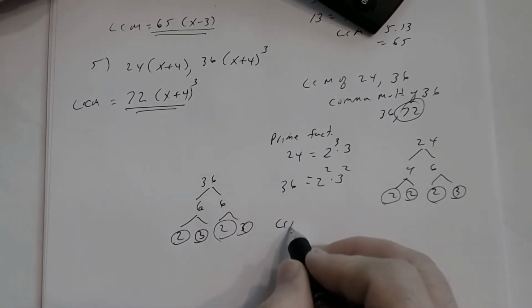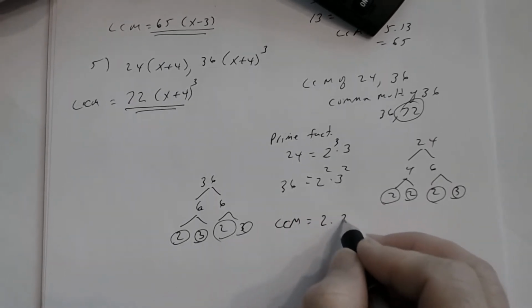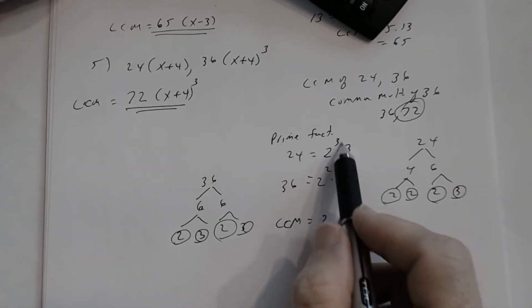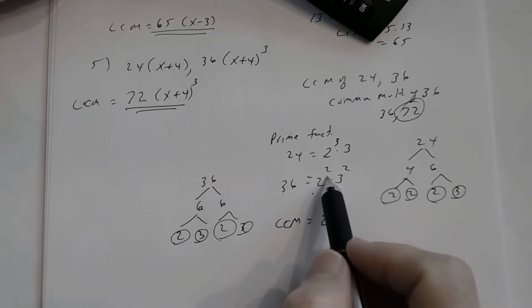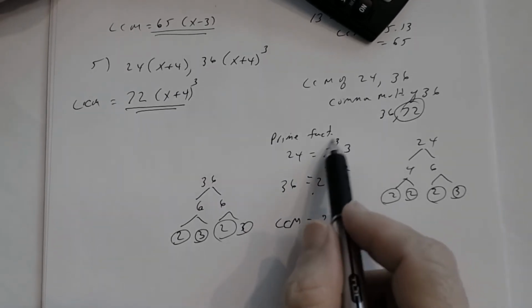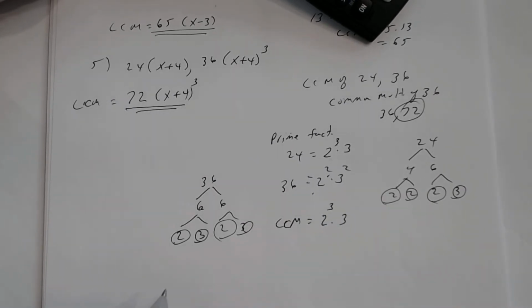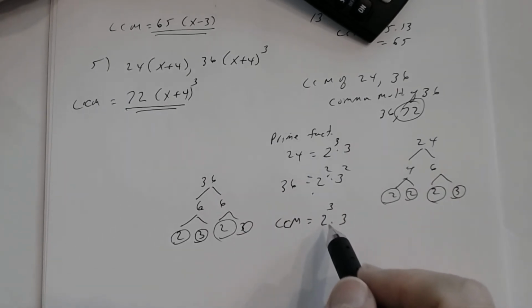The least common multiple must include every factor you see. I see a factor of 2 and I see a factor of 3. The question is, how many do I need? How many factors of 2 are in here? 3. How many factors of 2 in here? 2. How many do I need? 3, because 8 must go into this, so I need an 8 here. Because 2 to the third is 8, this has to be at least an 8.